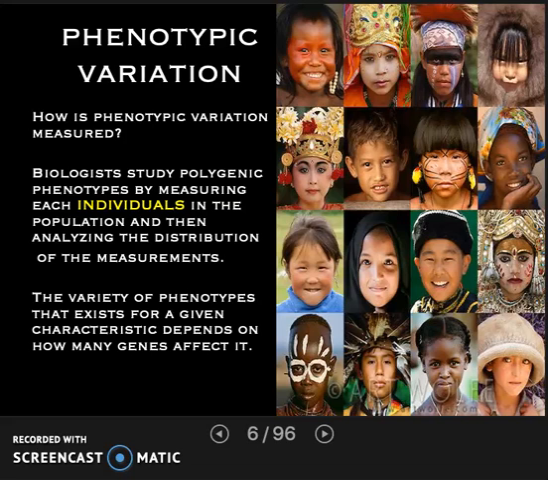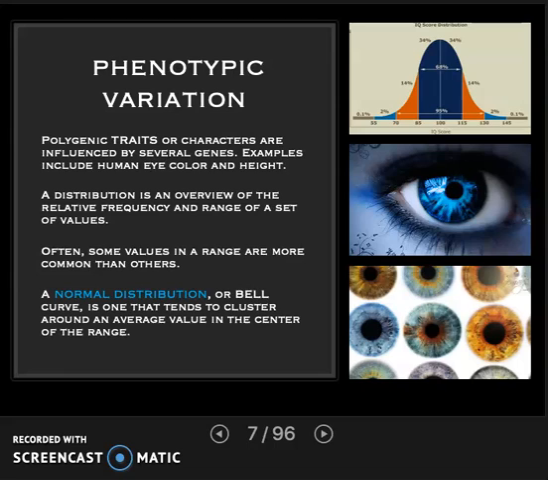Of course, we're all the same species here on planet Earth, but we come in a lot of different shapes and forms. So, phenotypic variation. Remember, your phenotype are the traits that you have, and we can look at these observable traits and measure them.